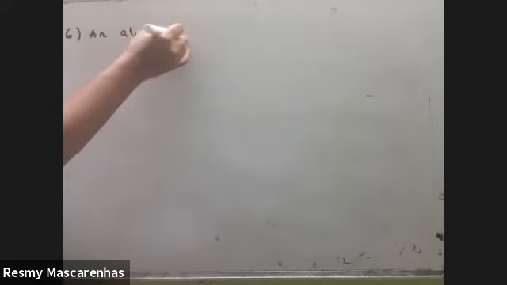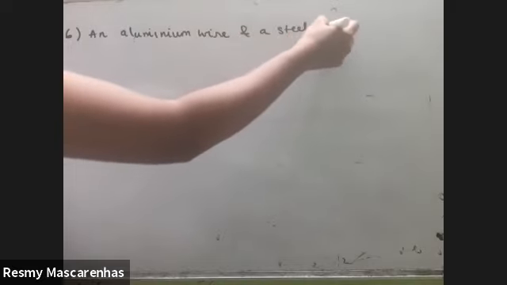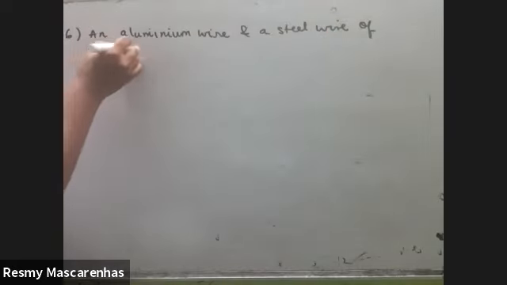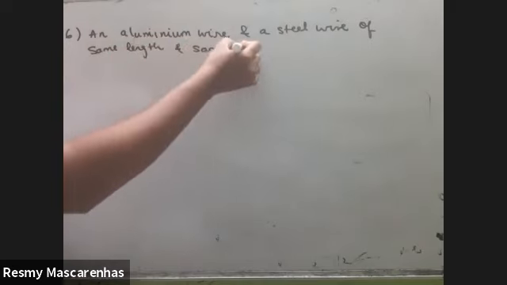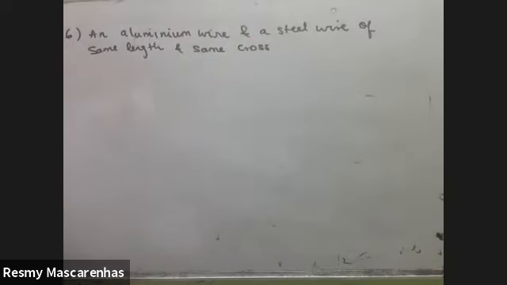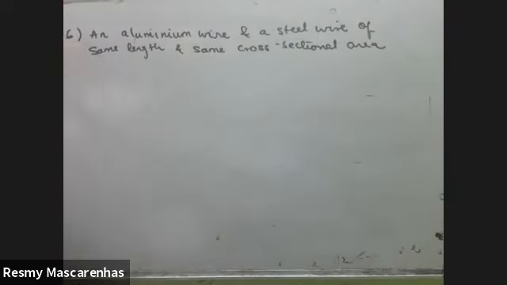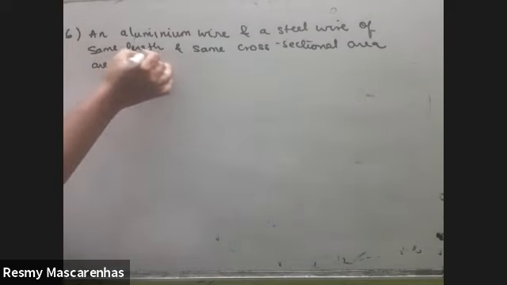This is problem number 6, I think. An aluminium wire and a steel wire of same length and same cross-sectional area are joined end to end.